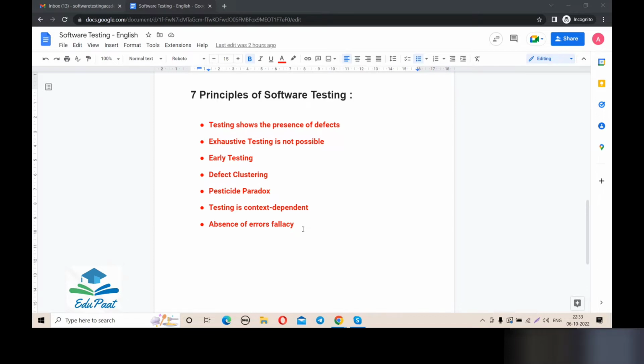In simple words, in software testing we have to meet the client's requirements. We can say in an easy way that expected result equals actual result. That is software testing.